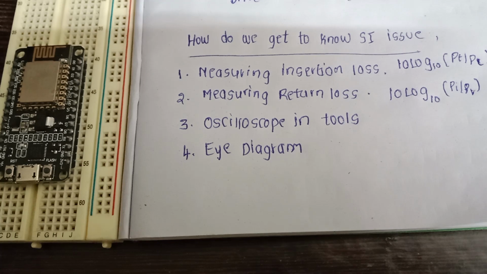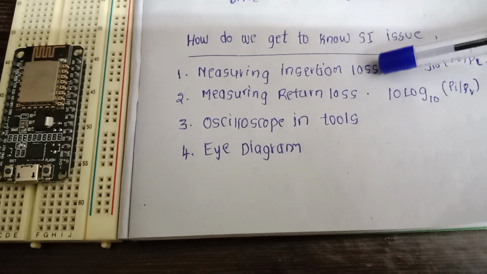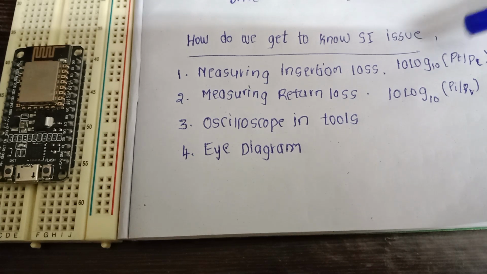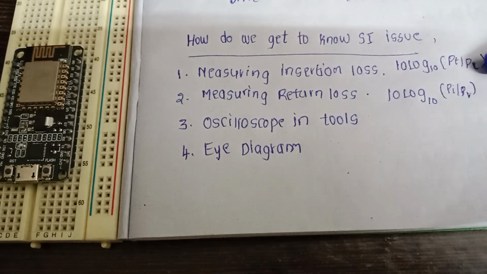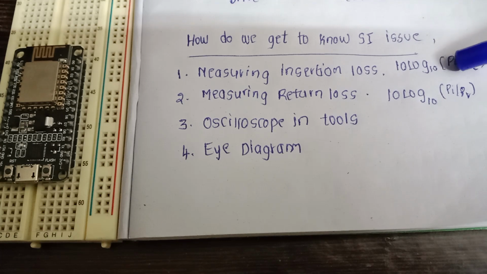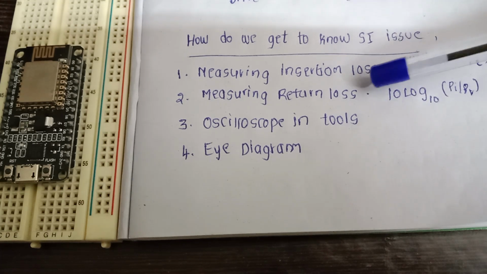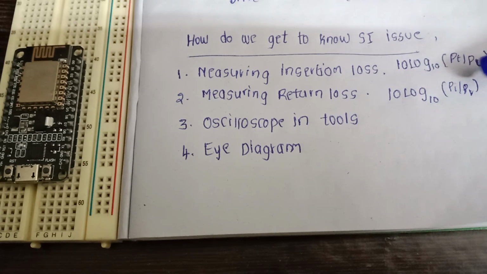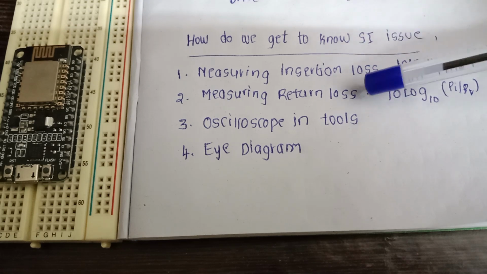Now, to calculate these two parameters, we have insertion loss, which is nothing but the logarithmic ratio of power transmitted by power received at the load. So we get to know how much power is being lost in the channel. Return loss is nothing but the logarithm of power inserted by power reflected. So you get to know the reflected loss, and then you have the power incident, and then you calculate the return loss.